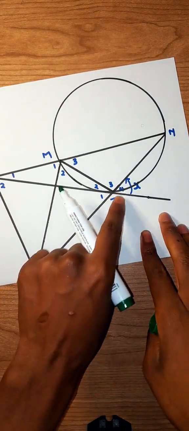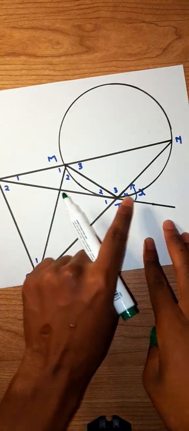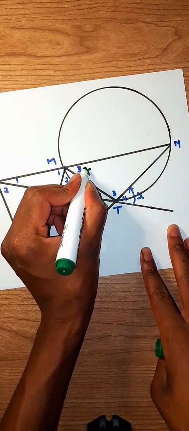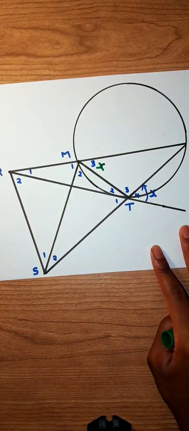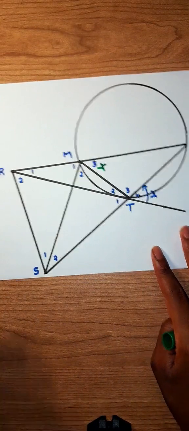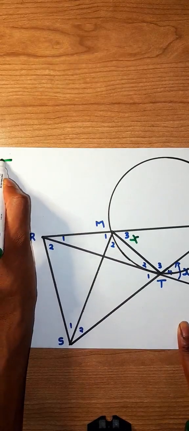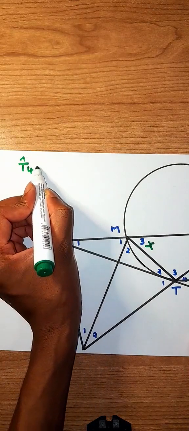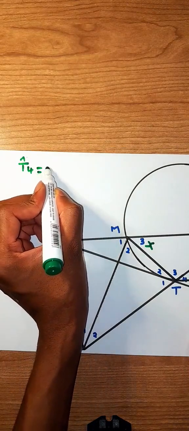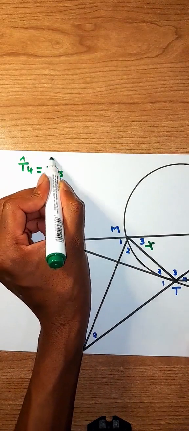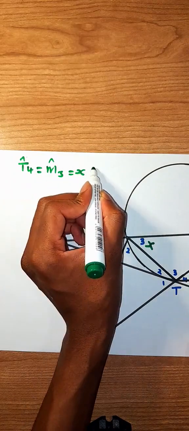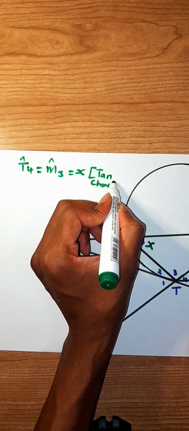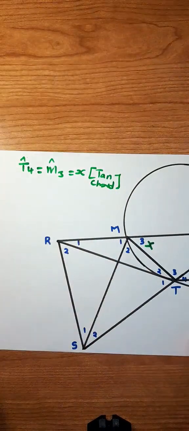So if T4 equals F and RT is a tangent, it also means that this one is also going to equal X, right? And the reason we're just going to say is, well, the angle T4 equals the angle M3, that actually equals X because of the tan-chord theorem, right?